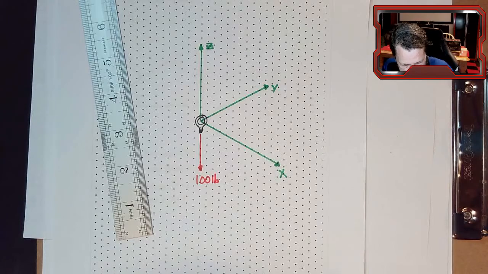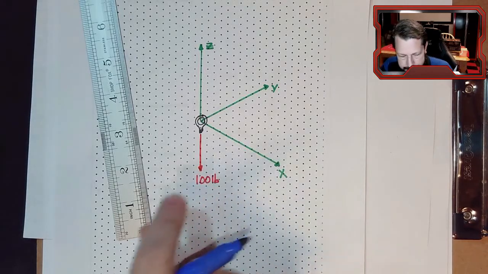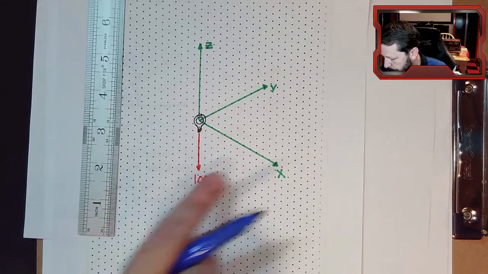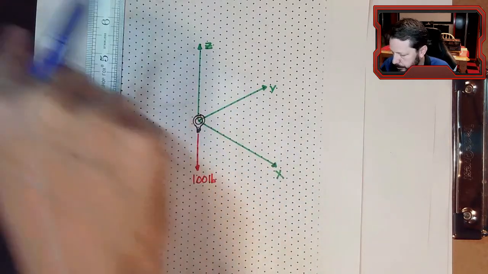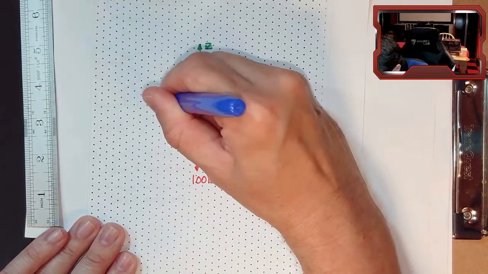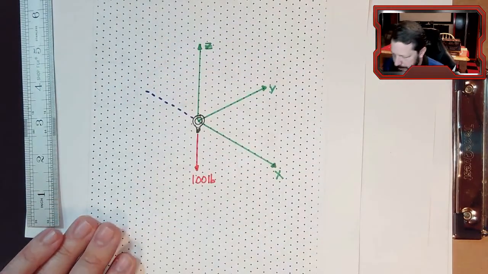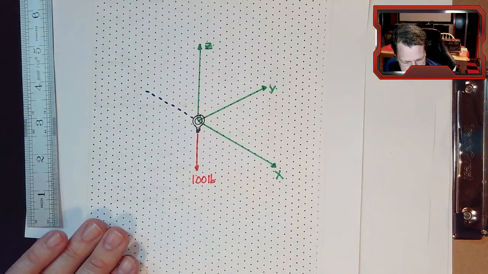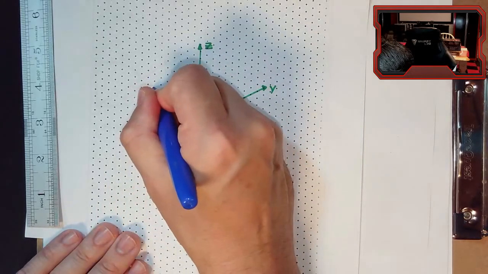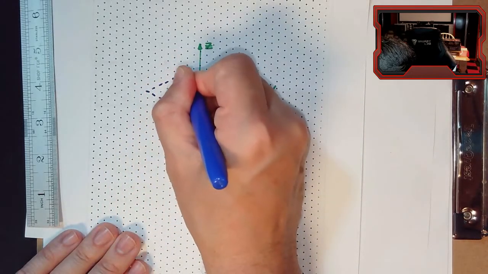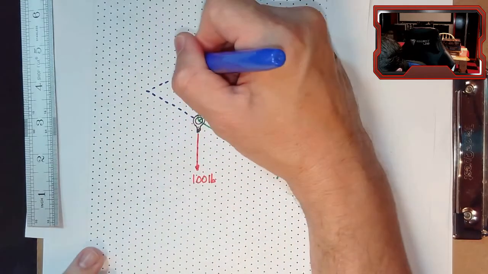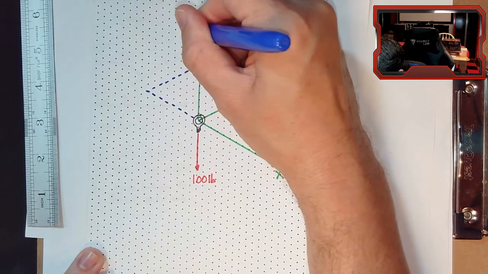And so cable 1 has a -8 inches for the x-coordinate. Positive x is this way, so negative x must be the opposite of that. So 1, 2, 3, 4, 5, 6, 7, 8. There's -8. In the y direction, which is this way, it has a +6. So 1, 2, 3, 4, 5, 6. And then it has a +6 in the z direction. 1, 2, 3, 4, 5, 6.